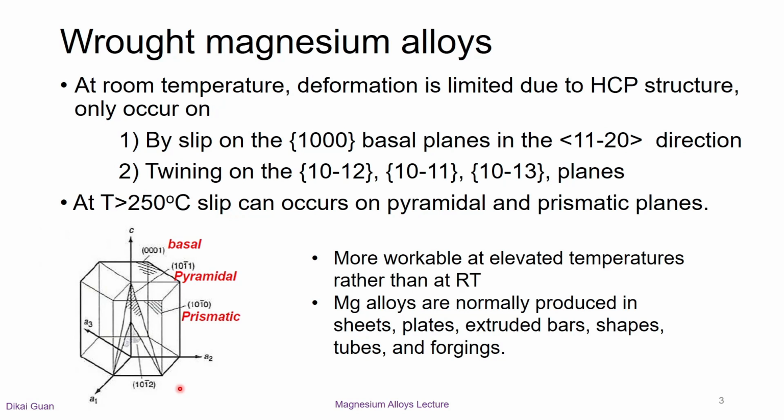This means magnesium alloys are more workable at elevated temperature rather than at room temperature. Generally, magnesium alloys can be produced in sheets, plates, extruded bars, shapes, tubes, and forgings.